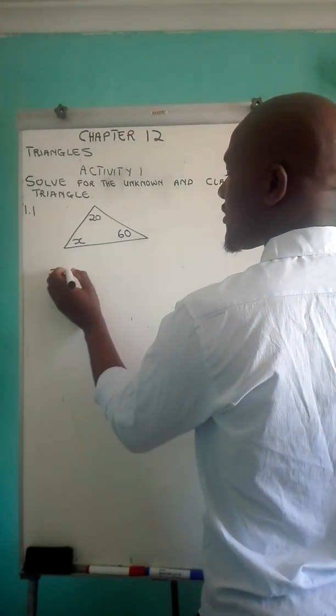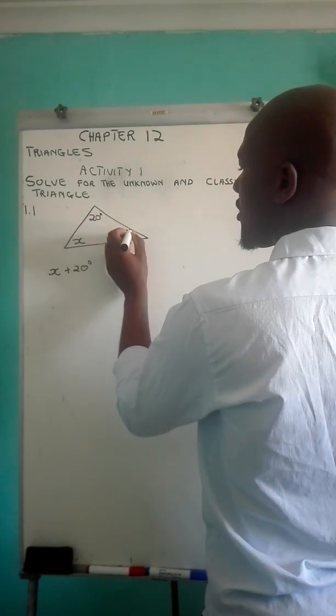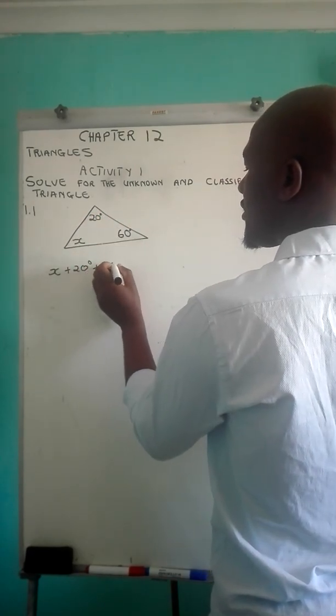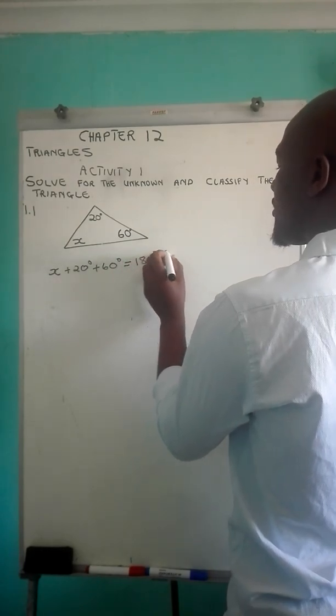I know x plus 20 degrees plus 60 degrees equals 180 degrees.